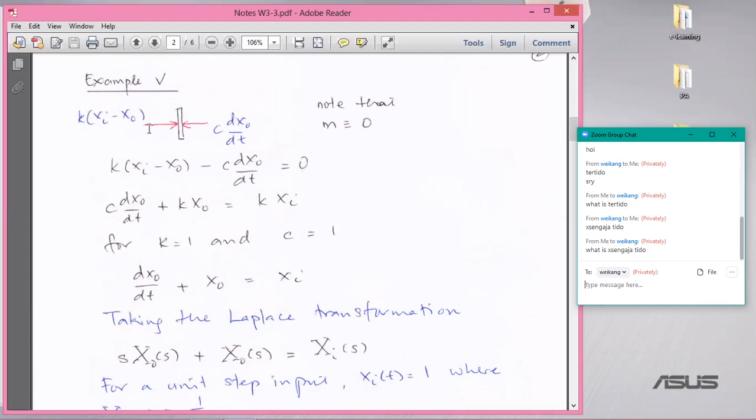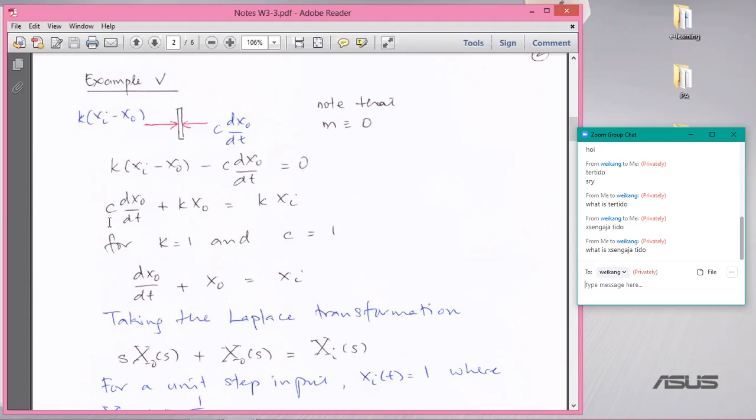You're going to have the force in the spring and the damping force. The summation of forces equals mass times acceleration. Since we assume the mass is 0, we have just the spring force minus the damping force equal to 0. So there's no term of mass times acceleration here.